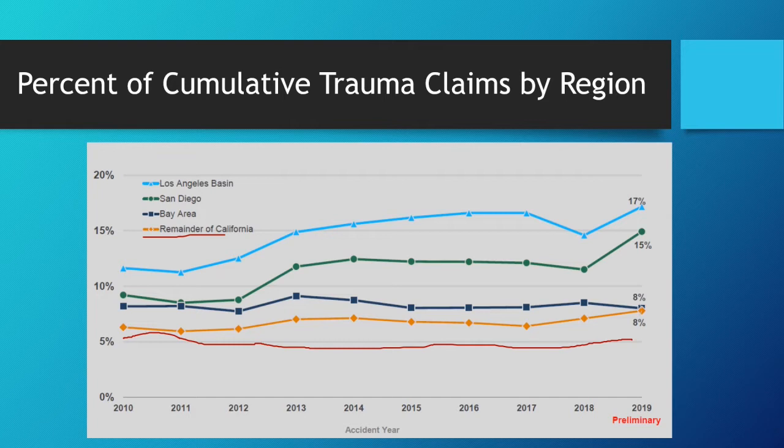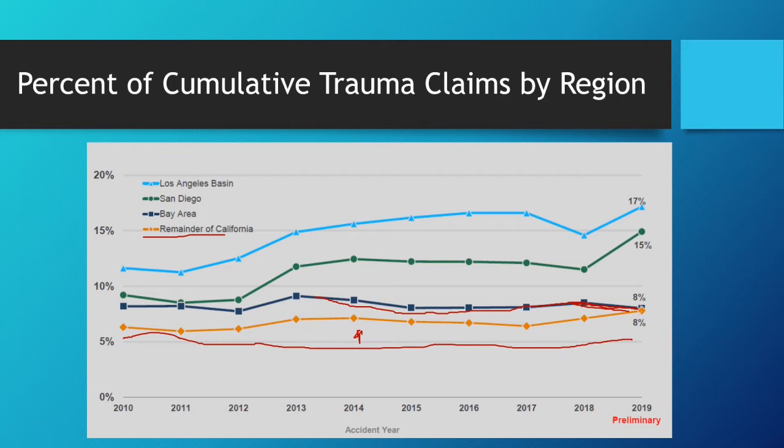But really, even now with preliminary statistics in 2019, the rate is really no higher than it has been throughout the last decade. In fact, in 2014 here, we had roughly about the same rate of filing of cumulative trauma injury claims. Now here in the Bay Area, as depicted in blue, you can see that the rate of filing of cumulative trauma injury claims is actually down, actually decreasing over the past decade.